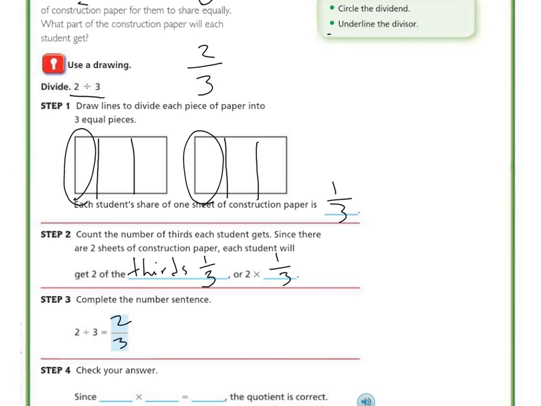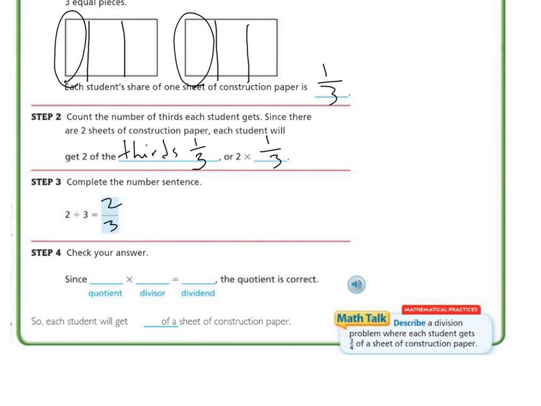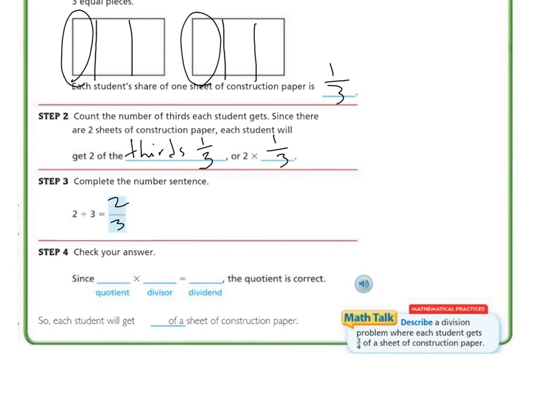There's my answer. Let's check our answer. Since 2/3, which is our quotient, times the divisor, 3, equals the dividend, which is 2, the quotient is correct. So each student will get 2/3 of a sheet of construction paper.